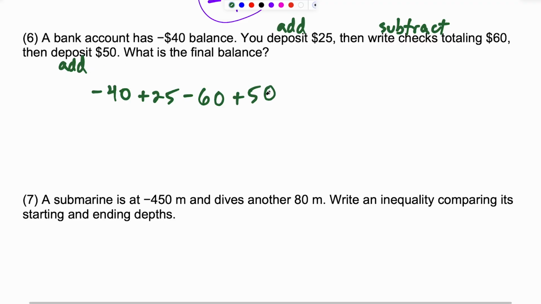Okay, so now all we have to do is just go piece by piece. So first we could do negative 40 plus 25. And off to the side here, I'm just going to do 40 minus 25 is 15. However, over here, since we're doing negative 40 and positive 25, we just flip and we get negative 15. Okay, I'm just using this idea.